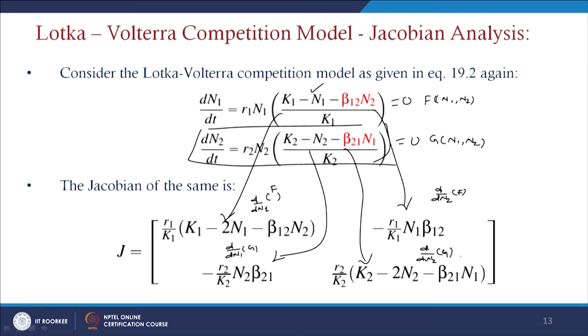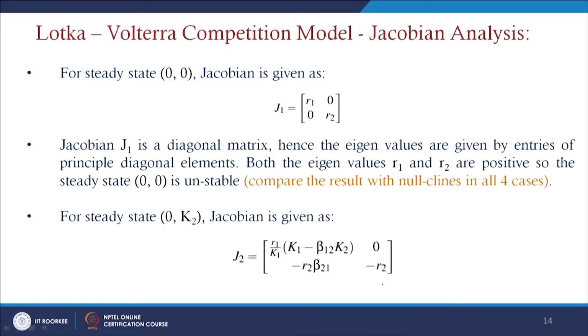Here n1 is 0, so n2 is 0 also. Same thing here, that is r2 by k2 into k2, so both these quantities are 0 and this is just coming as r2. Jacobian J1 is nothing but the diagonal matrix here, so the eigenvalues are the diagonal entries r1 and r2, both positive. So, the steady state 0 0 is unstable here.